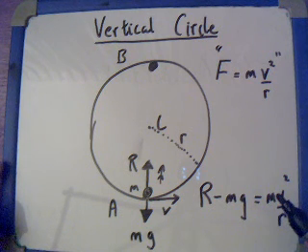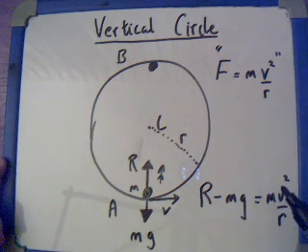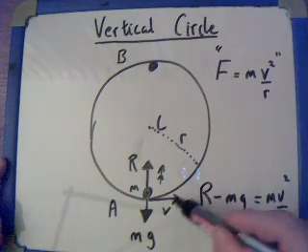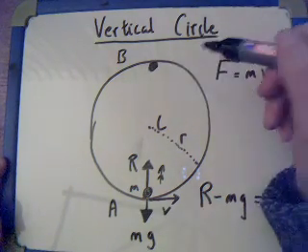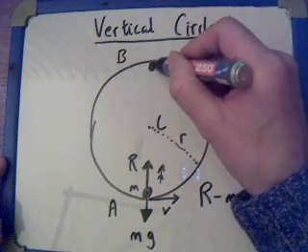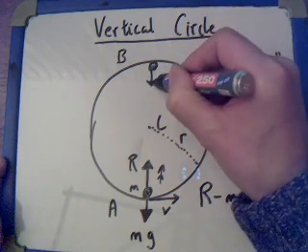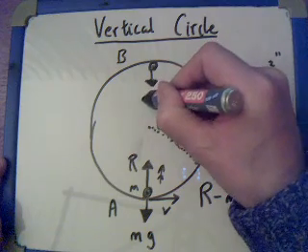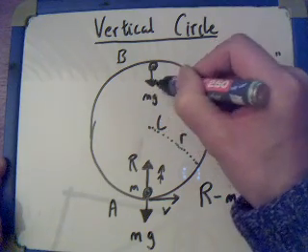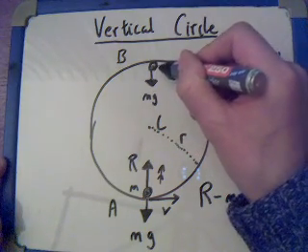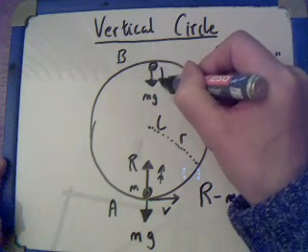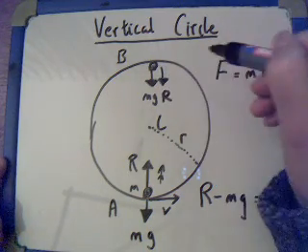Now we're going to look at what's happening at position B, and we'll probably get it all on this single page. So when it's come round all the way to B, we'll draw the forces on there again. Again, there will be the weight, the force due to gravity, mg acting down. But this time the reaction force, R, will be acting in the same direction.